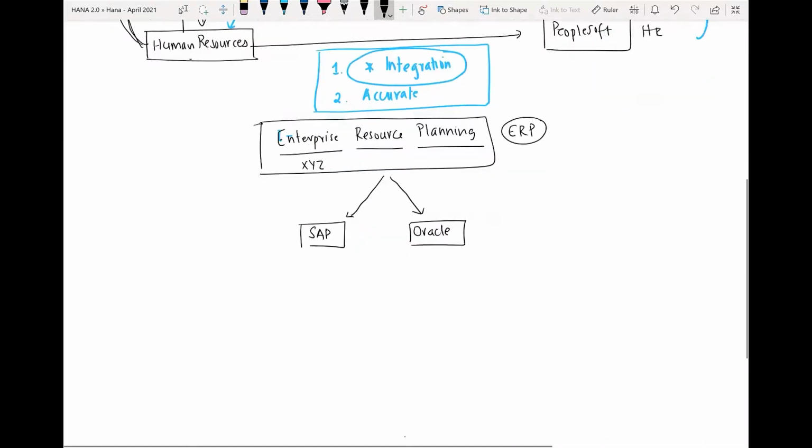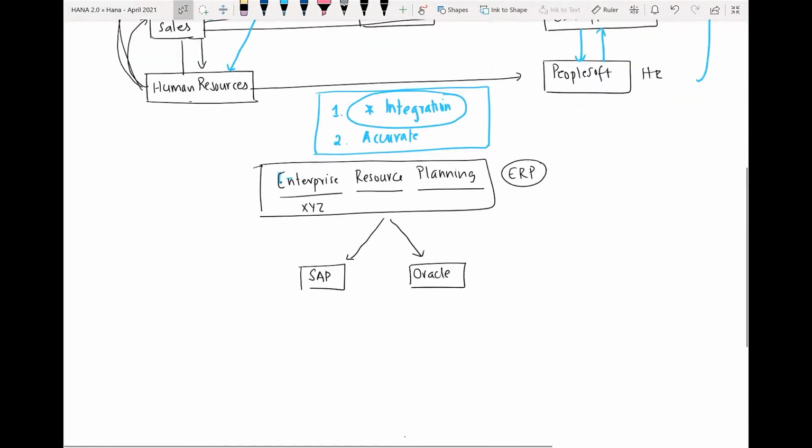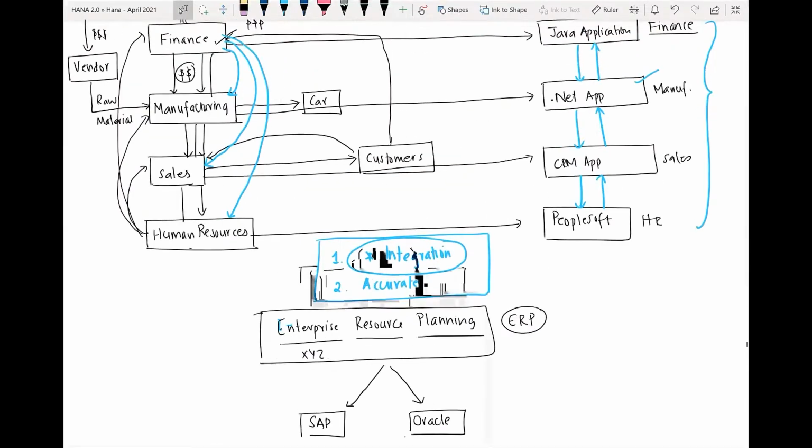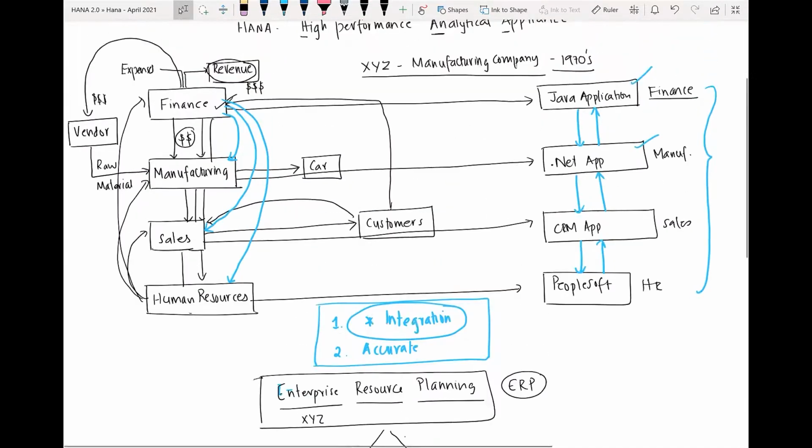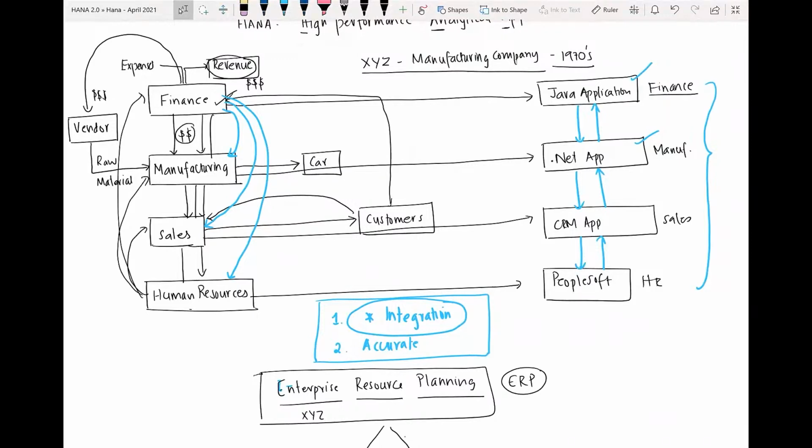If you look at Oracle, Oracle said, okay, this being the problem, if you look at this organization structure here, if I were to pick out of these 4 different departments, let's say finance, manufacturing, sales, and human resource, one particular department that is more critical than anything else, they identified that finance seems to be the heart and soul of any organization.